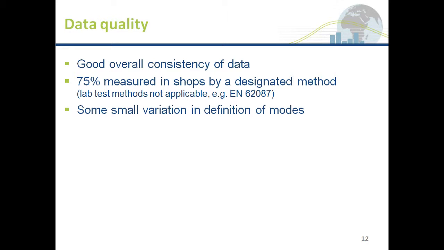And whilst there was some small variation in the definition of standby modes across the different projects, we didn't consider those to be significantly damaging to the robustness of the data. But having said that, there are some significant caveats that must be borne in mind when looking at these results.